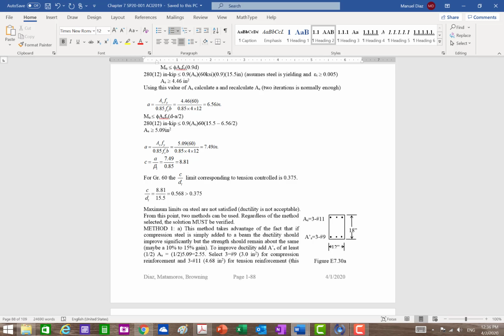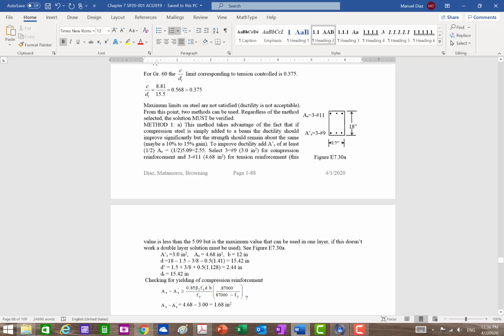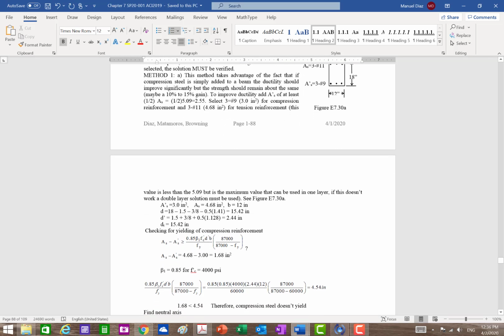Now this is less than the value that we got there, right? But really, that is what we can use in one layer.